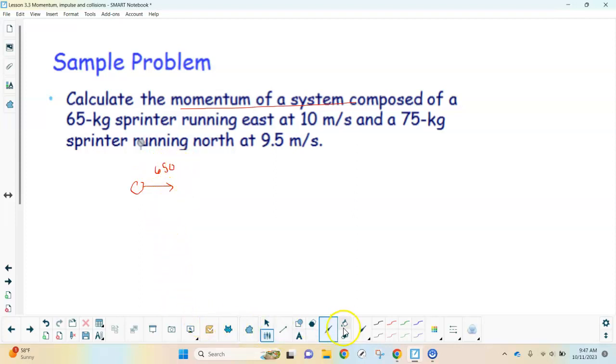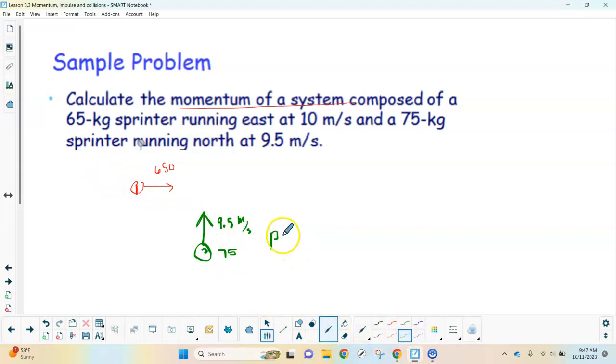And then we need to know the momentum of a second person who is 75 kilograms, and they are moving at 9.5 meters per second. So again, it's just multiplication. Not a very complicated idea. For this second object, that green one is the second object and the red one was the first object.